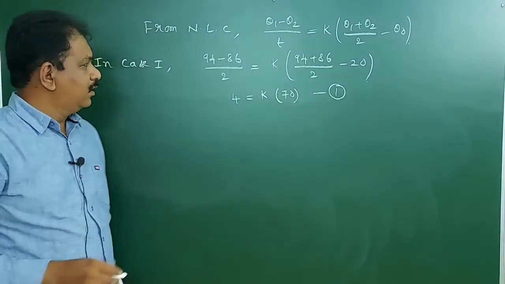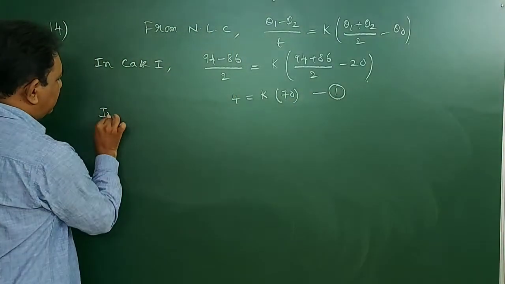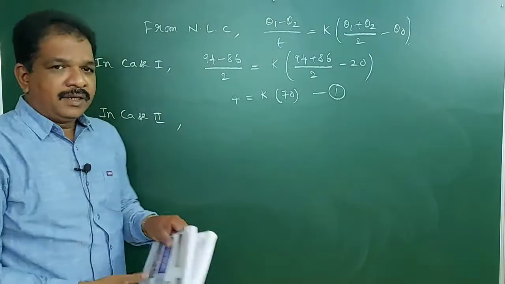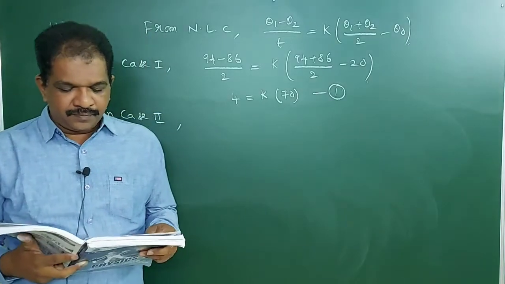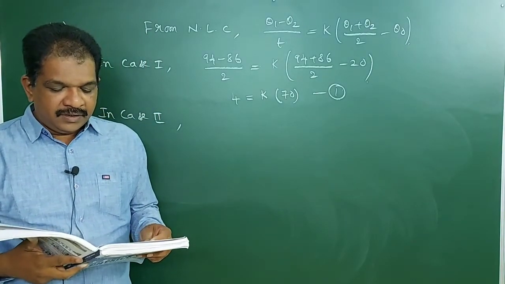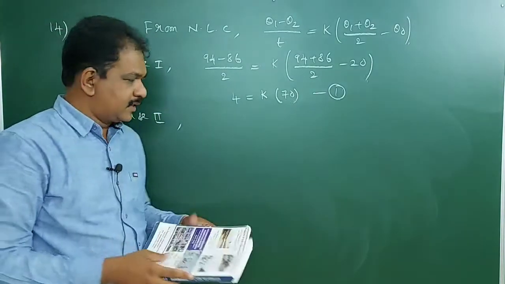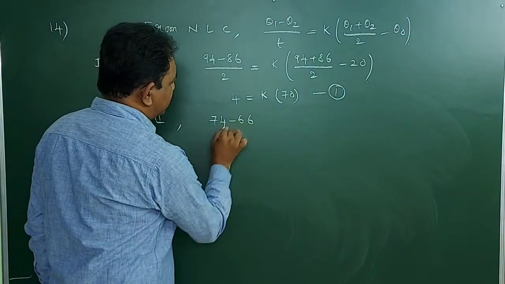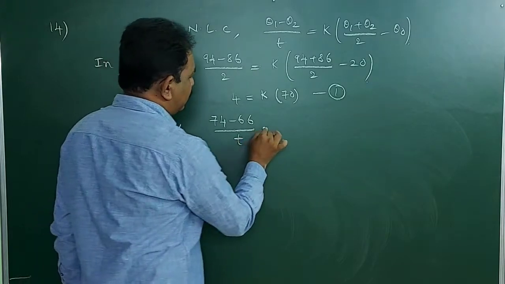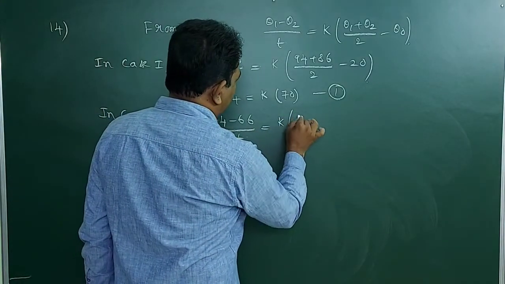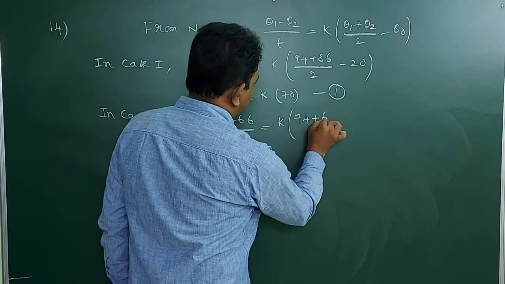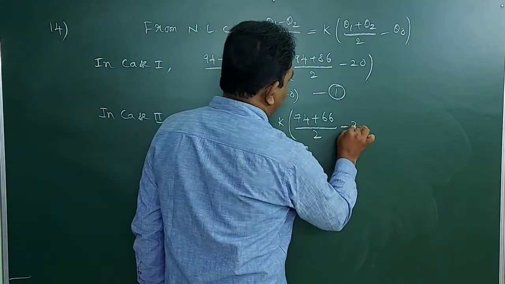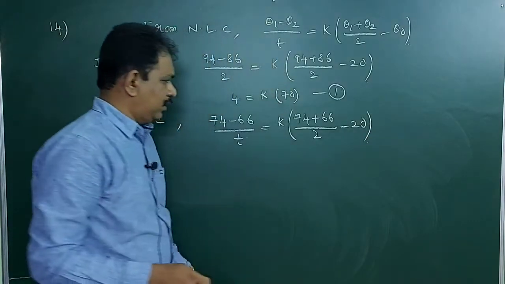Let it be 1. In case 2, temperature falls from 74 to 66. (74 minus 66) by T is equal to K into ((74 plus 66) by 2 minus 20).